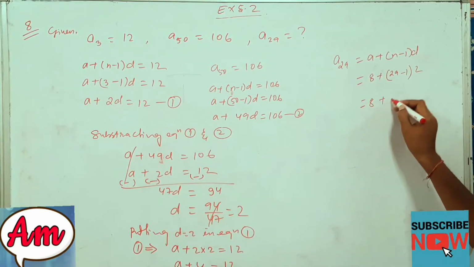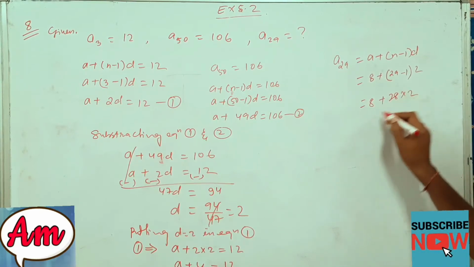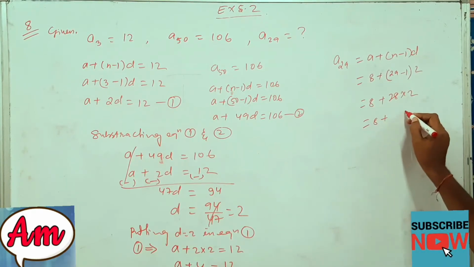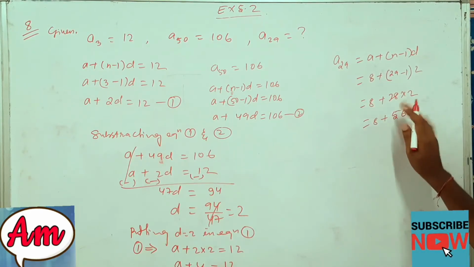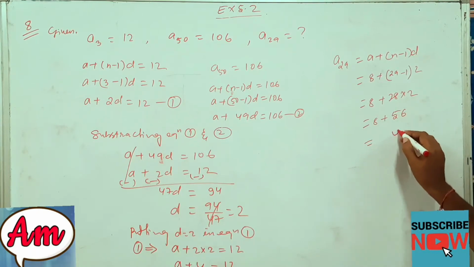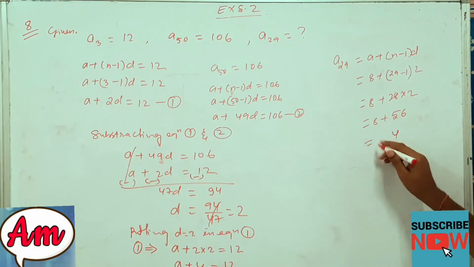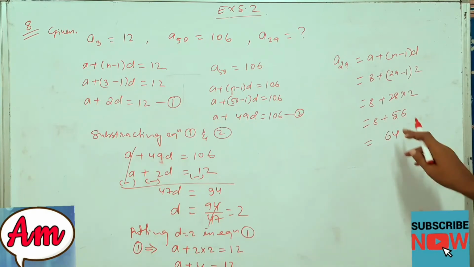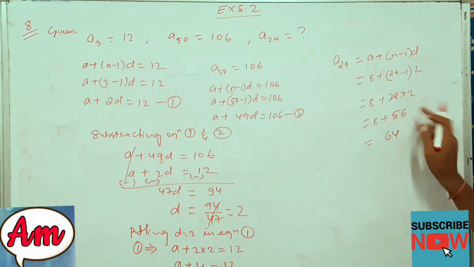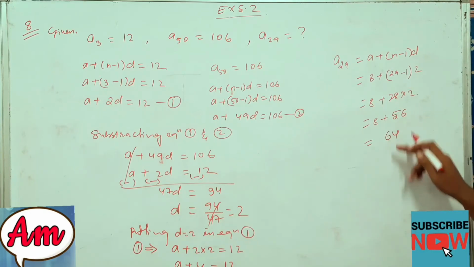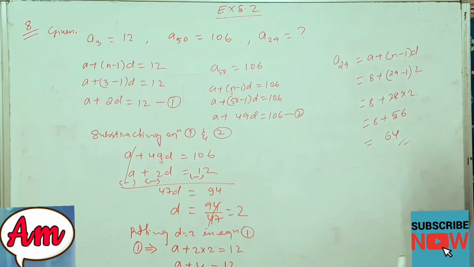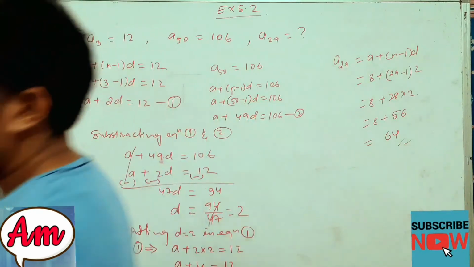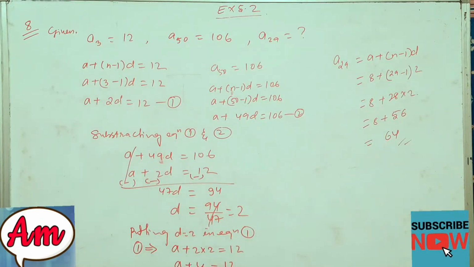So 8 plus 28 into 2, which is 8 plus 56, which equals 64. So the 29th term is 64.